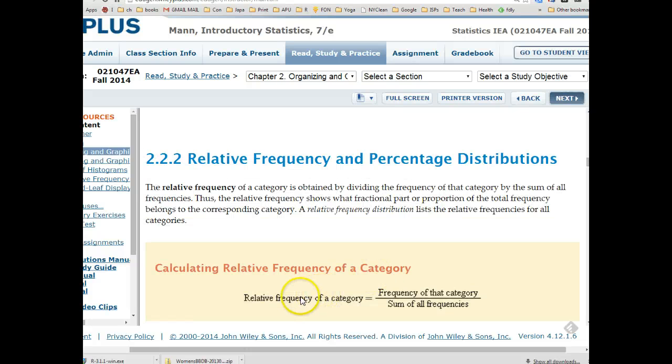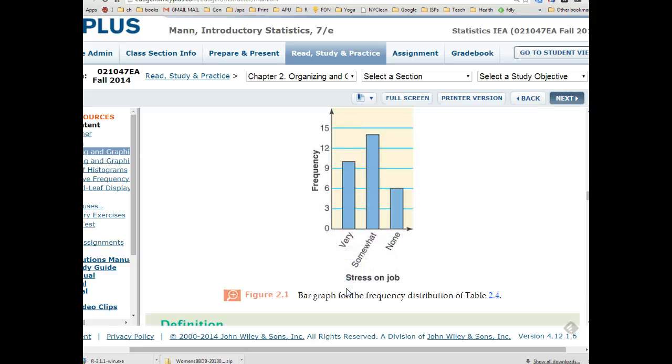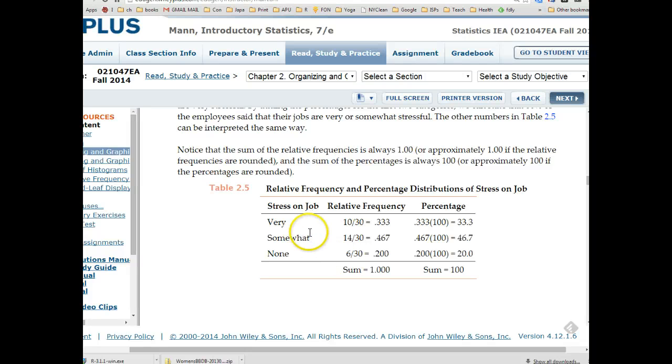They also define the relative frequency of a category. So that's here. How many verys were there? 10. How many somewhats? 14. How many nones? 6. So what are they doing here? The total number of people they asked was 30. They're saying 10 out of 30. That's called the relative frequency, which is another thing you would naturally do.